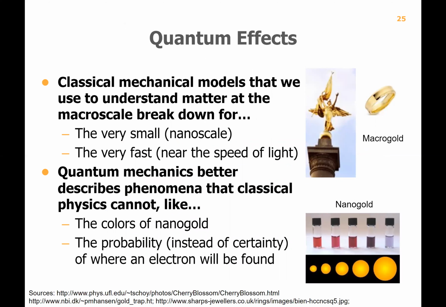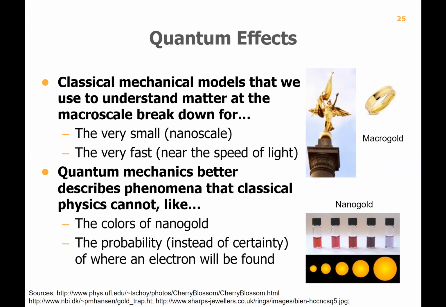Quantum effects also become more important at the nanoscale. So classical mechanical models that we use to understand matter at the macro scale break down for very small particles, nanoscale particles, or very fast materials, things that go near the speed of light. Quantum mechanics is better to describe phenomena that classical physics cannot.